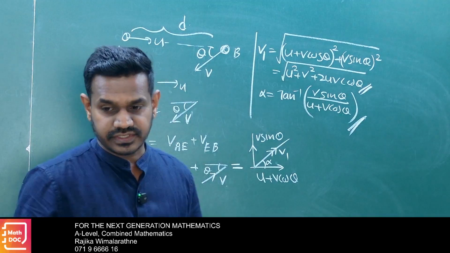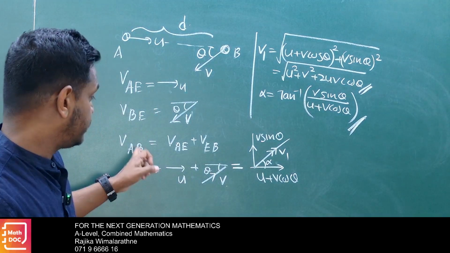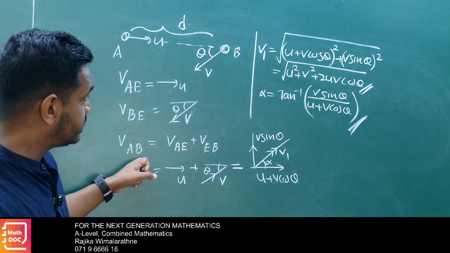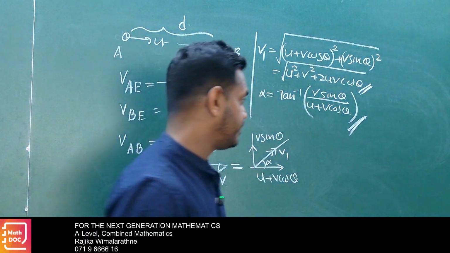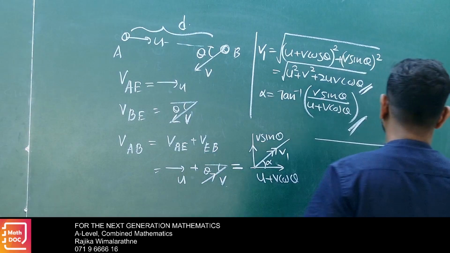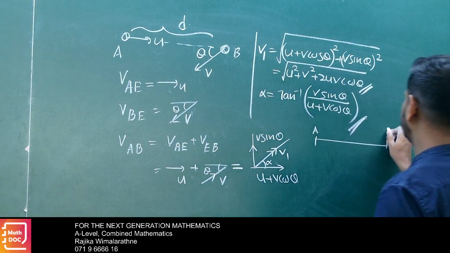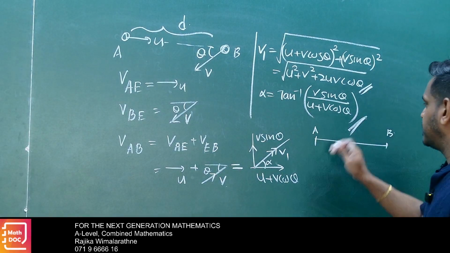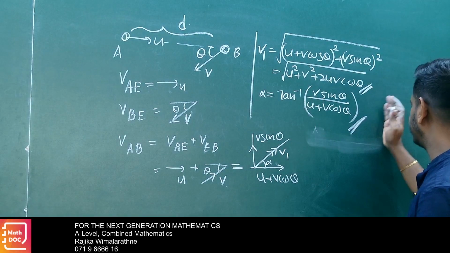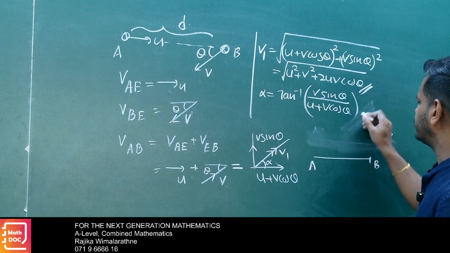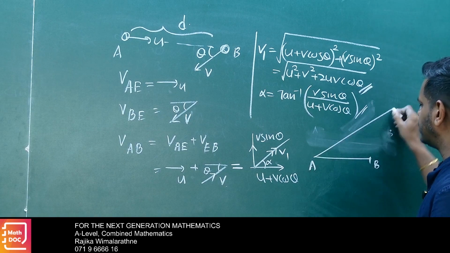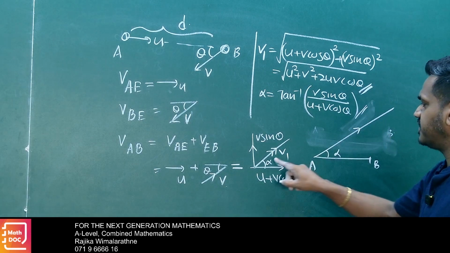Now you sketch the relative path. We have taken the velocity of A with respect to B. B is stationary and A is moving along this path with inclination alpha with velocity V1.